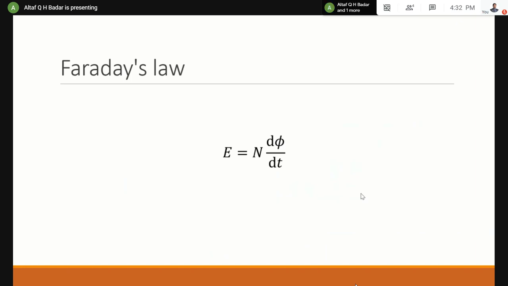This is a very simple law that we have. Faraday's law was obviously designed by Faraday, as we all know. The name itself is telling me the same thing. What we get from the equation is E is equal to N d phi by dt.